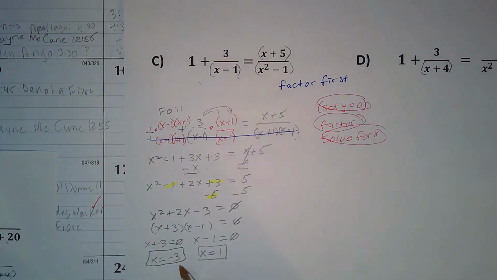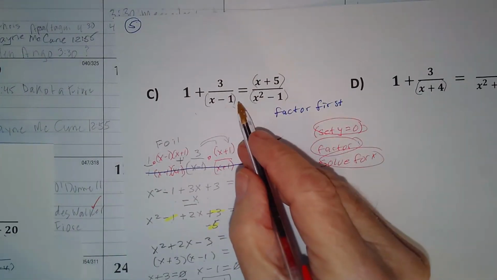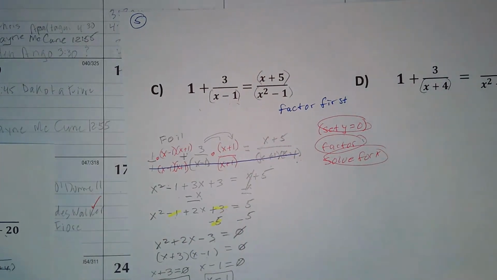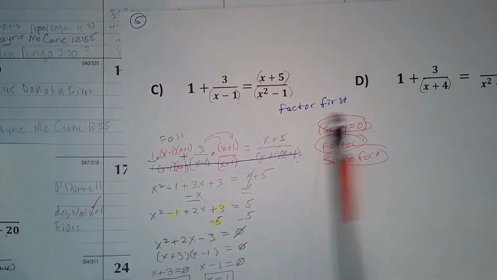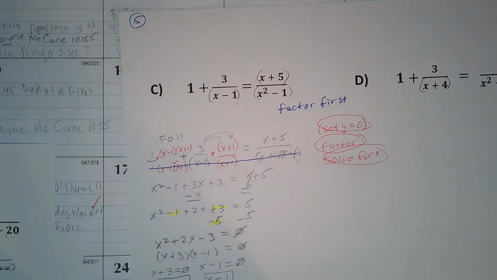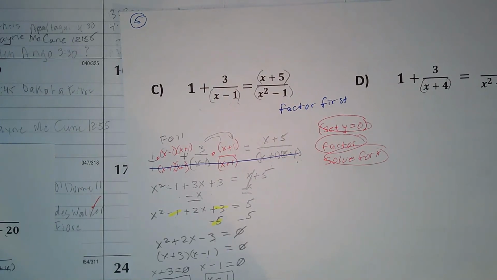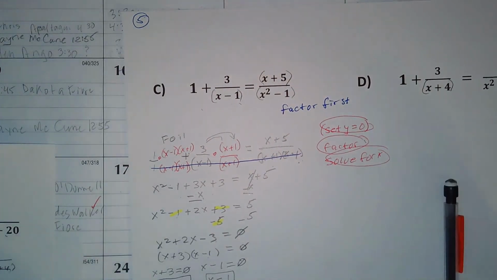Okay. All right, so you want to check. So this is -3. I'm going to put it into the original equation again. So I start out with 1 plus 3 over -3 minus 1.